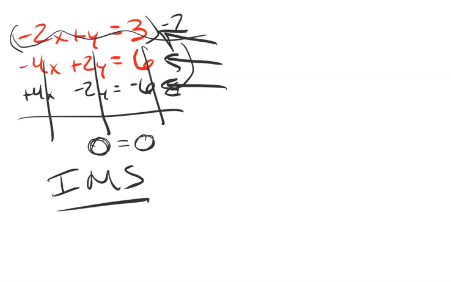So let's look at another one here. Let's say y is equal to negative x plus 3 and 2x plus 2y is equal to 4. So here's our system.